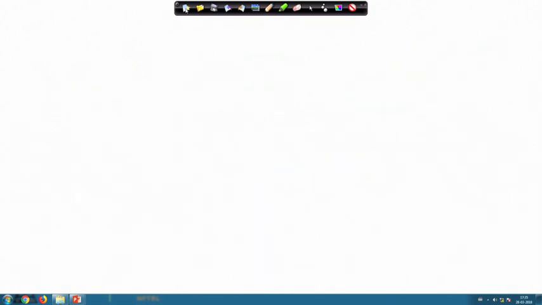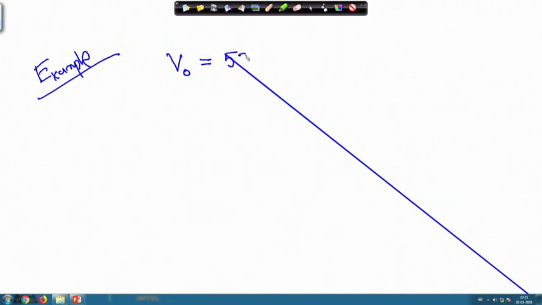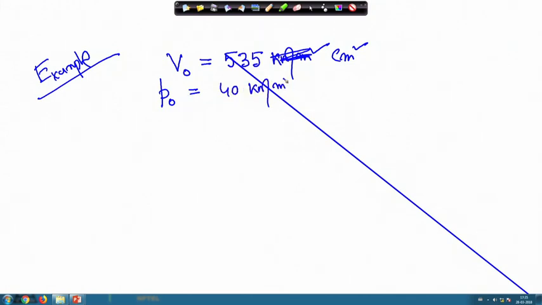So, values are given: the capital V0 is, as I mentioned, 535 centimeter cube, and P0, that is the pressure, is 40 kilonewton per meter square.